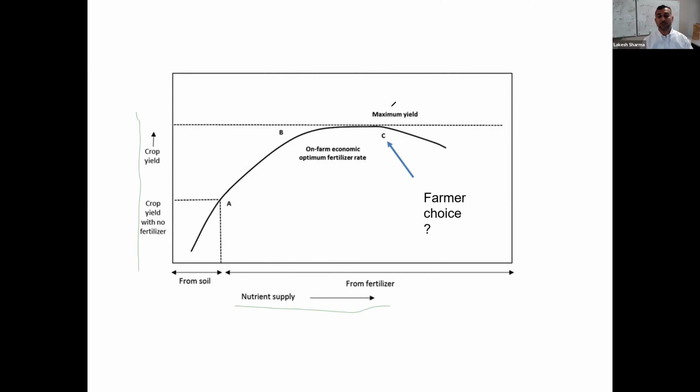On the y-axis, you plot your yield. So your yield is dependent on the nitrogen that you apply. As you apply nitrogen, there is a spot after which the nitrogen increase doesn't increase your yield. In fact, it starts decreasing your yield.